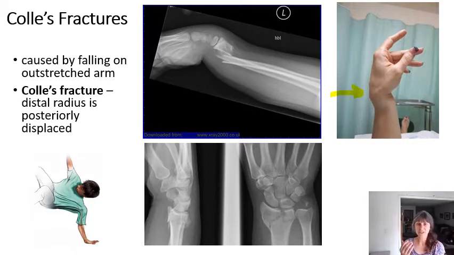So if there's posterior displacement of the distal radius, which you can also see on the upper X-ray, that is referred to as a Colle's fracture. So Colle's fracture is a fracture of the distal radius with posterior displacement of the fractured piece.